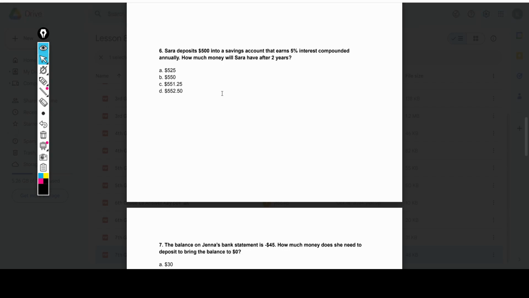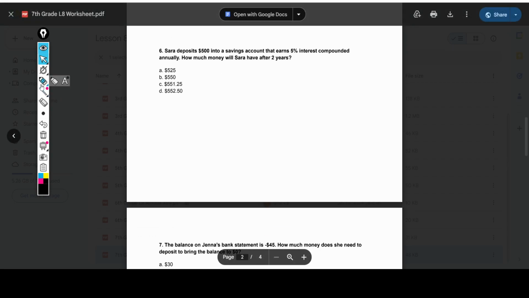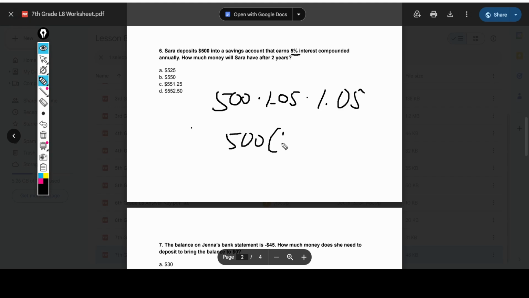Sarah deposits $500 into a savings account that earns 5% interest compounded annually. How much money will Sarah have after 2 years? Compounded annually means each year we multiply by 1.05, because that's a 5% increase. So you have 500 times 1.05, and then another year passes, so that's times another 1.05. Or in other words, 500 times 1.05 to the power of 2.